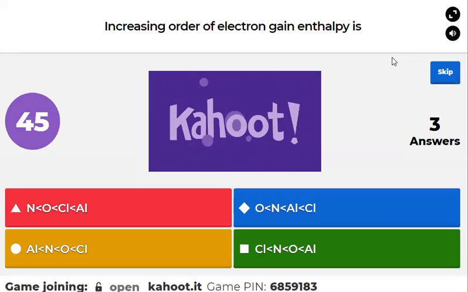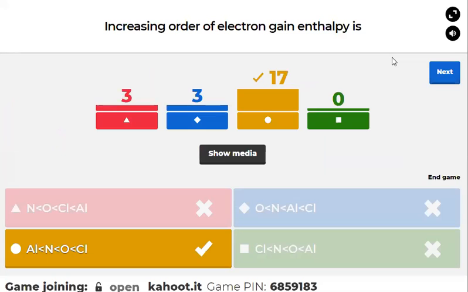Left to right increases, top to bottom decreases, exceptions, configuration. Yes, very good, right? Very good.